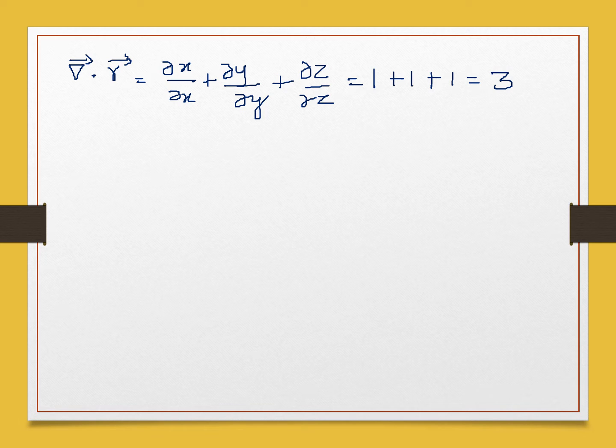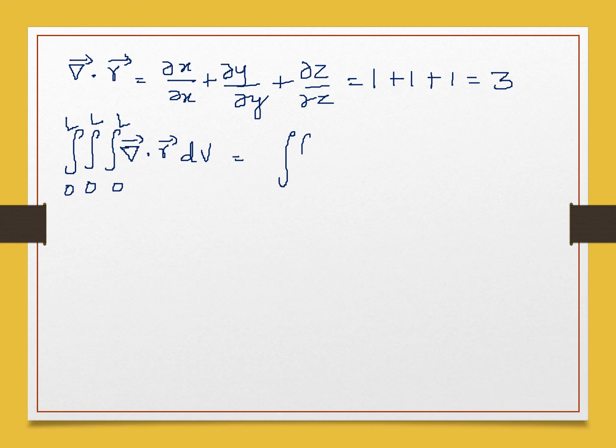So the volume integral can be written, as it is a cube, with the limits of the volume as 0 to L, where L is the length of the cube. So the integral of del vector dot R vector dV is the triple integral from 0 to L, 0 to L, 0 to L, where del dot R is 3 and dV is dx dy dz.